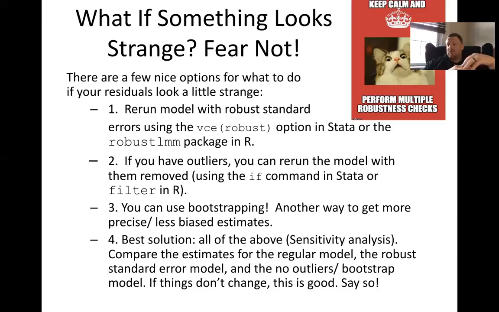And if it doesn't, you're all good. The possible violations of the assumptions have not impacted your results, which are the things that we're really interested in to begin with. So that's called a sensitivity analysis or a robustness check. That's the approach I almost always recommend. And I'll show you how to do that next in Stata and R.